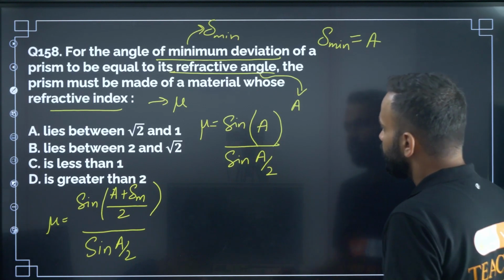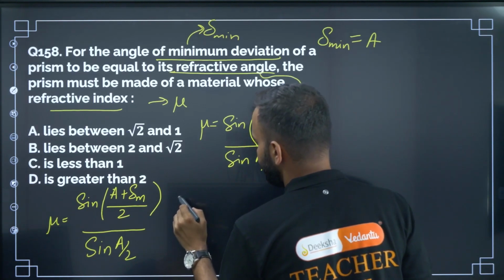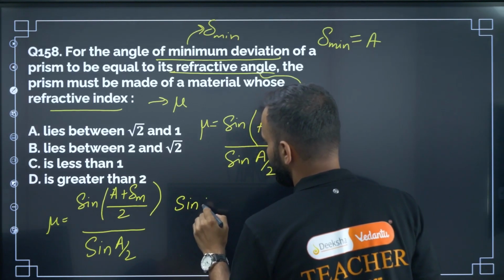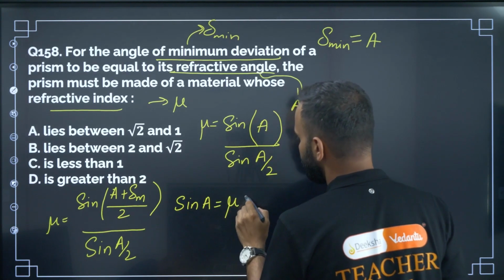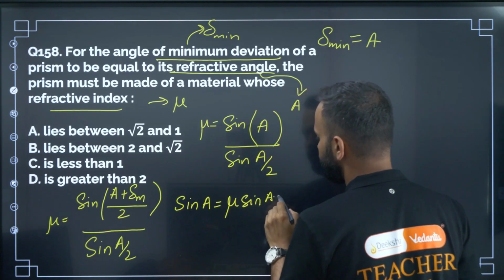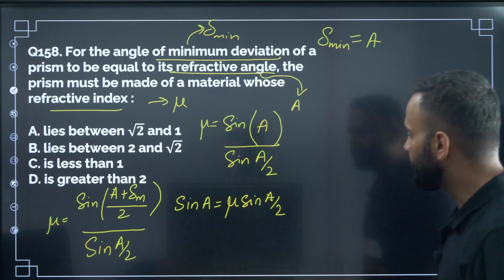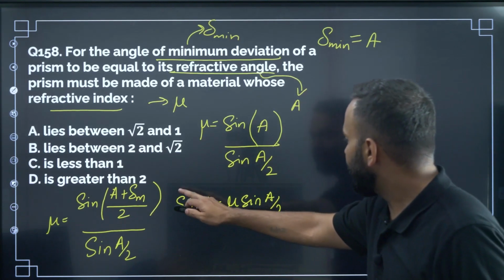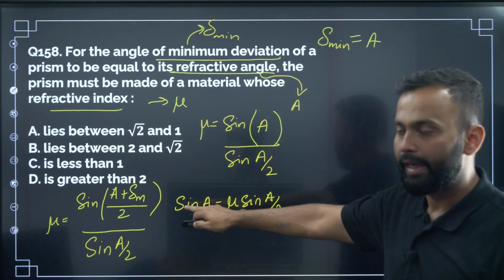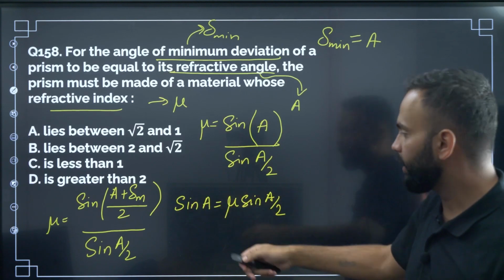Now sine A is equal to mu into sine of A by 2. We can write sine A as sine of 2 into A by 2.